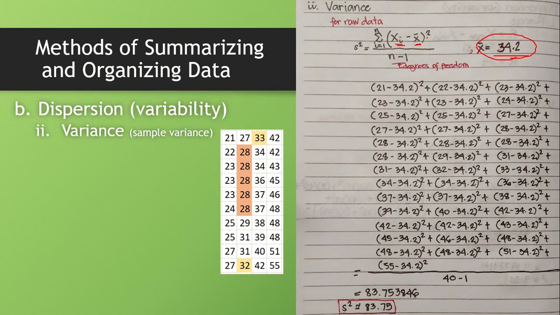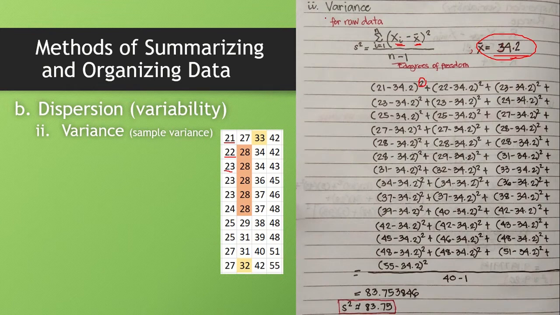You don't have to worry if the value will be negative or positive, since we have raised it to an exponent which is even, therefore all of the values will be positive. So that's 21 minus 34.2, 22 minus 34.2, then 23 minus 34.2, then you raise all of the differences to power 2.